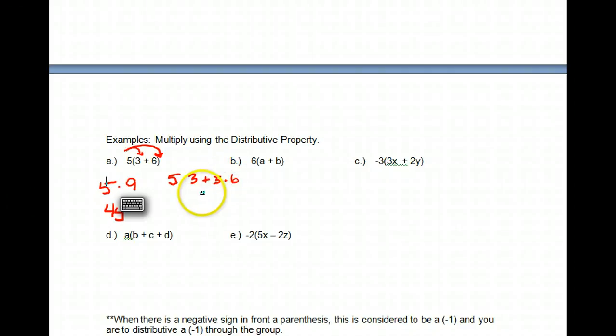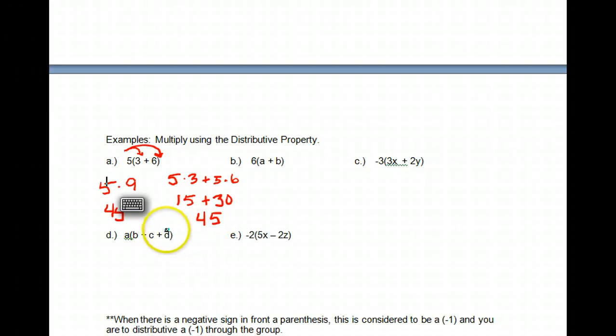Okay, that's the work that we're doing. As you become proficient with the distributive property, you might find that you don't need to write those steps. So let's just simplify here. 5 times 3 makes 15. 5 times 6 makes 30. As we simplify that addition, we do see that 15 plus 30 makes 45.